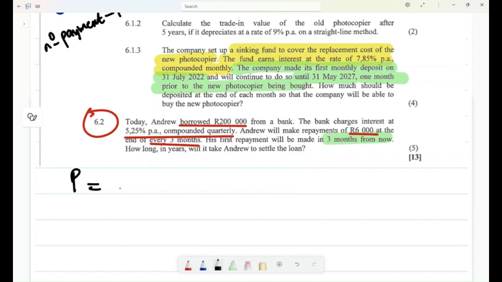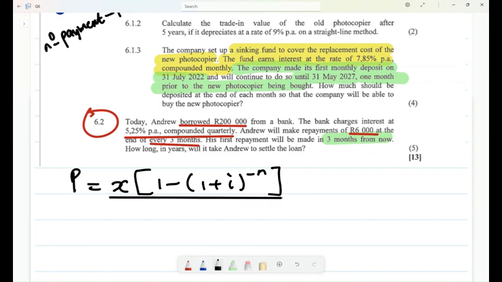You use present value. It's going to be x times 1 minus 1 plus i to the power of negative n, all divided by your interest there. You all agree with me, right? Yes, you all agree with me.